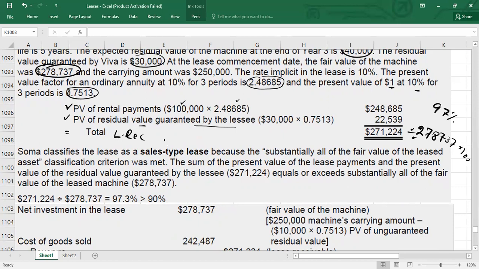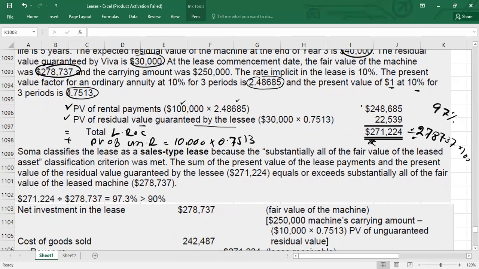If in these lease receivables I add the present value of unguaranteed residual value, and unguaranteed value is how much? $10,000, because total residual value was 40 and guaranteed is 30. So unguaranteed is 10,000. If I add it, multiplied by the present value factor, which is 0.7513, I will get another value.